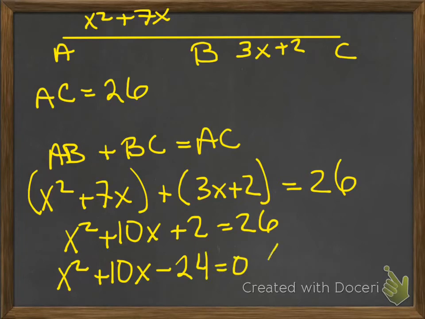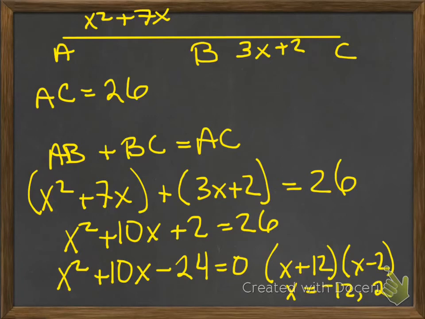And then when we factor that, we get x plus 12 times x minus 2. So that means that x is equal to negative 12 or positive 2. Now, remember, we're always going to use our positive values. So we're going to do x equals 2.